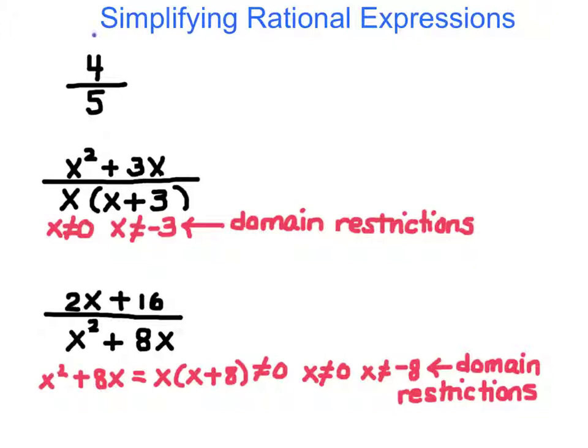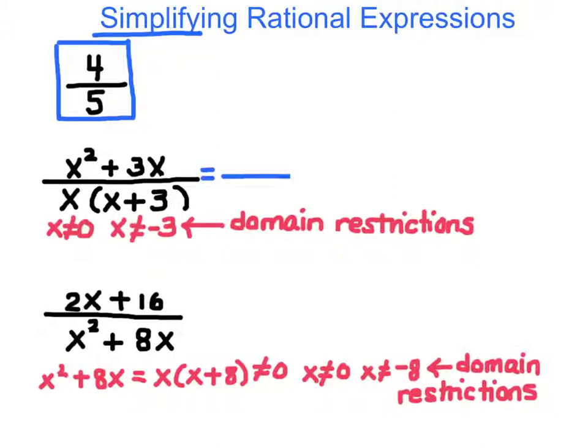Now, let's simplify our rational expressions. Well, 4 over 5 is fully simplified because we can factor 4 into 2 times 2 and 5 into 5 times 1, but nothing will cancel out. How about our next expression? Let's factor the numerator.